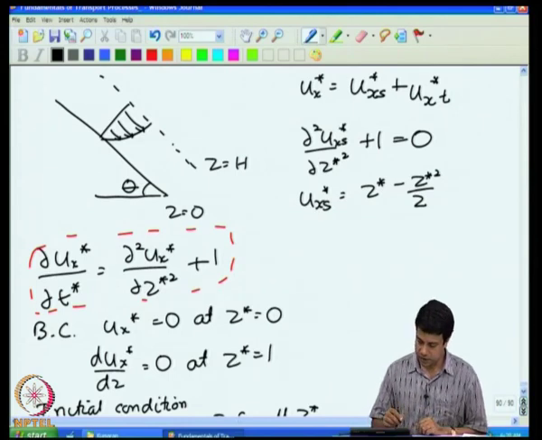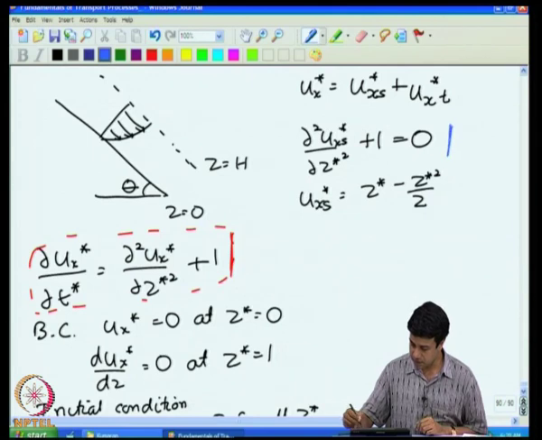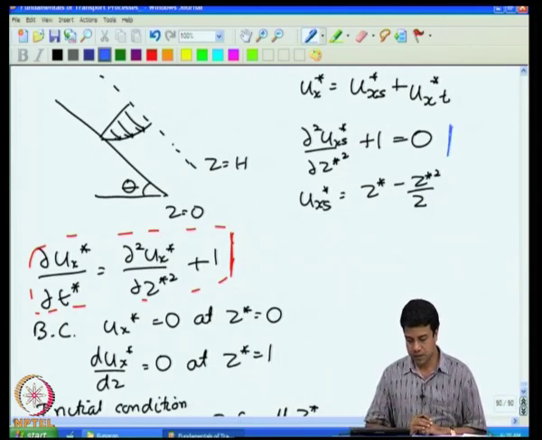Now, the total differential equation satisfies this equation, and the steady part satisfies this equation. Subtracting the two, I can find out what is the equation for the transient part. So, from the equation for the total velocity profile, I subtract out the equation for the steady velocity profile, and note that duxs by dt is equal to 0 because it is steady, it does not depend upon time.